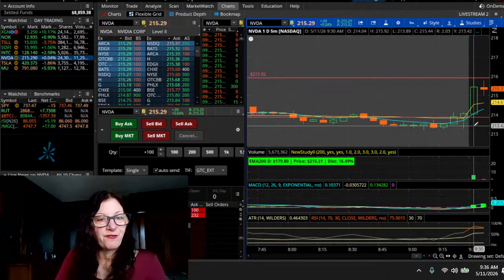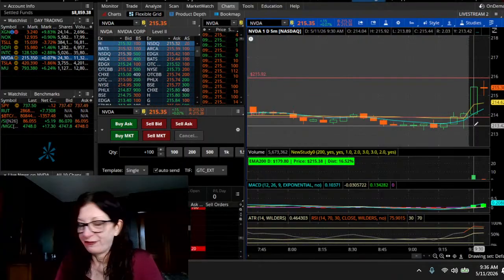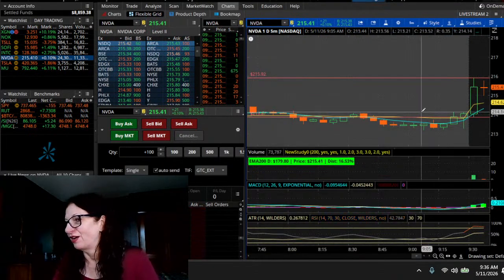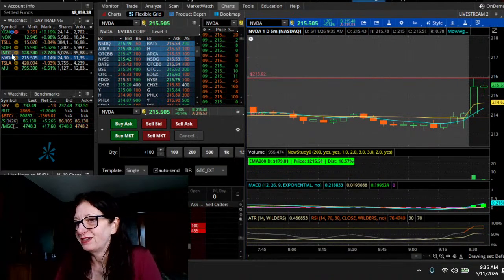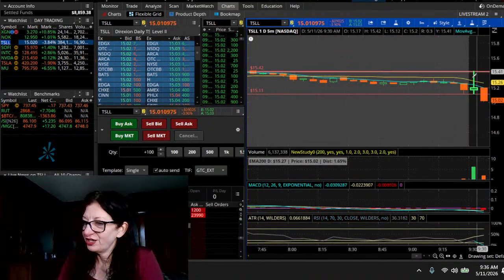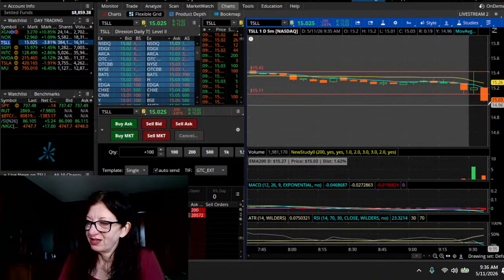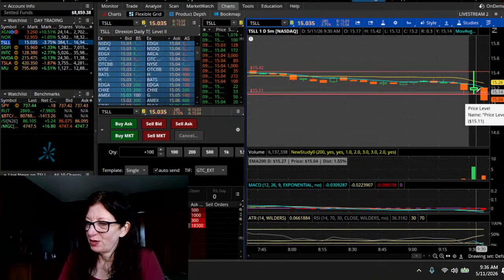So we'll look at the 5-minute now because we're still in the first 15 minutes of the market. But here, if you were going to short TSLL, I guess the stop would be right above the low.